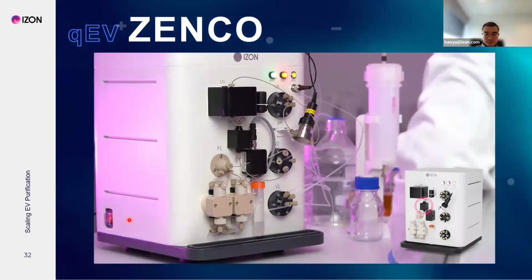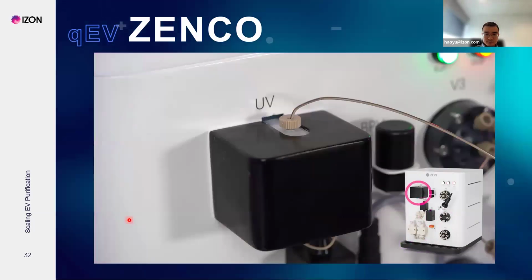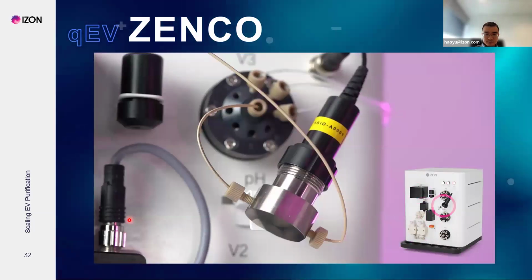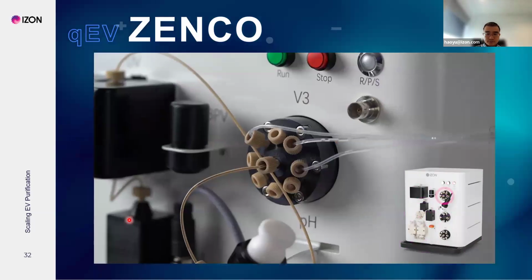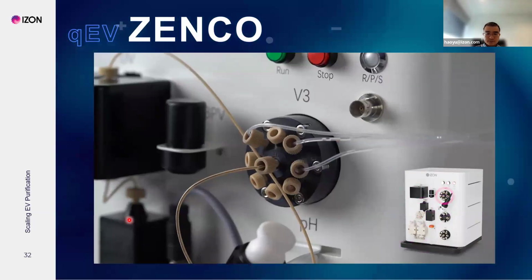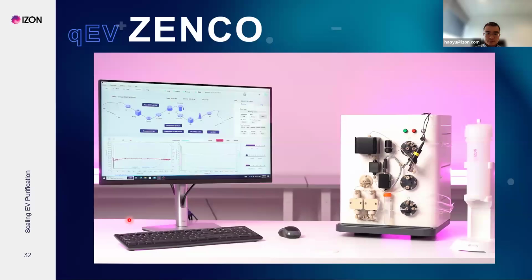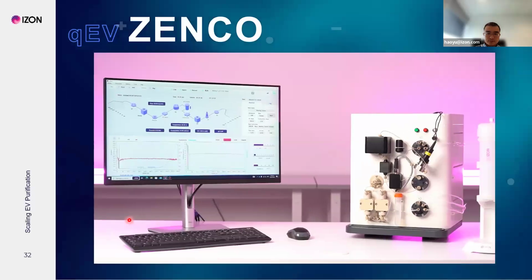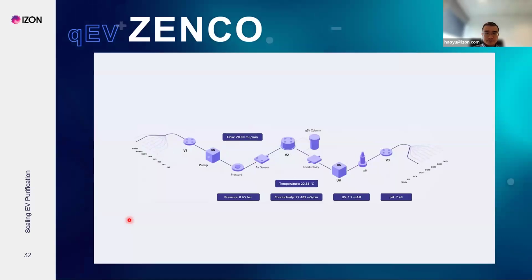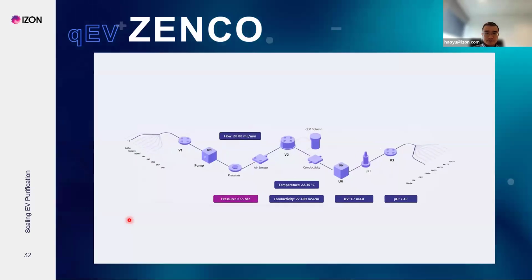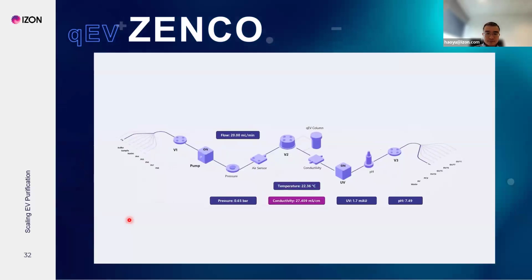Post-column, the liquid passes through conductivity, UV, and pH sensors for analysis. At the third valve, you have 8 outlet options to control which volumes are collected or sent to waste. The QEV Zinco's flow path diagram helps ensure straightforward setup and operation, while live data monitoring covers flow rate, pressure, temperature, conductivity, UV and pH.